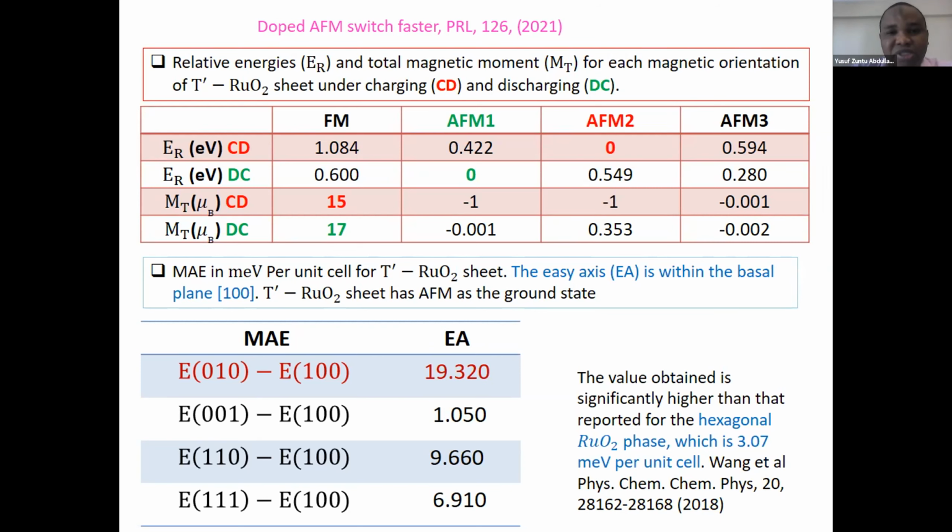As we earlier mentioned, this type of material, transition metal oxide, comes with intrinsically large spin orbit coupling. So we found that the value of magnetic anisotropy energy is very large, even larger than the value reported for the hexagonal form of ruthenium dioxide.